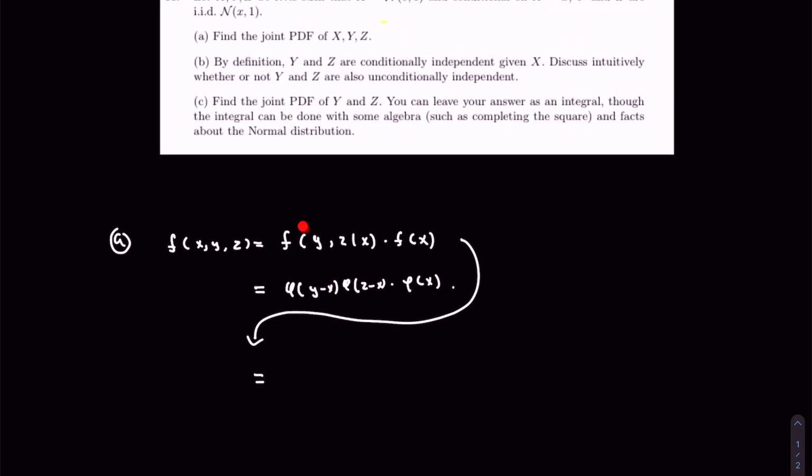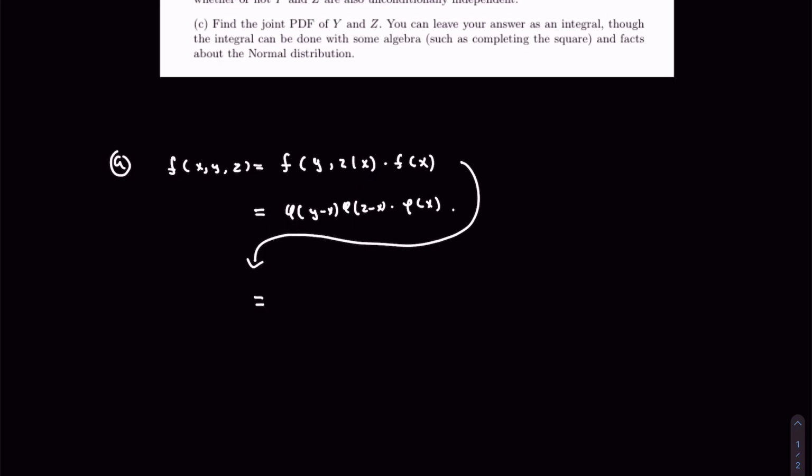Here y and z conditioned on x are independent, so we can write f of y conditioned on x, times f of z conditioned on x. We have this term there.